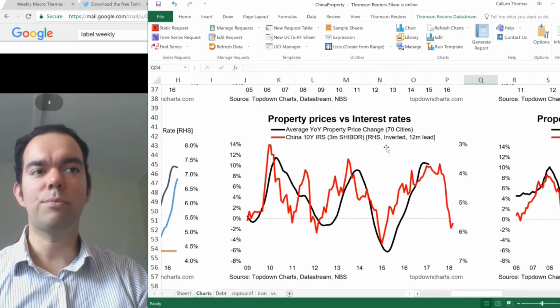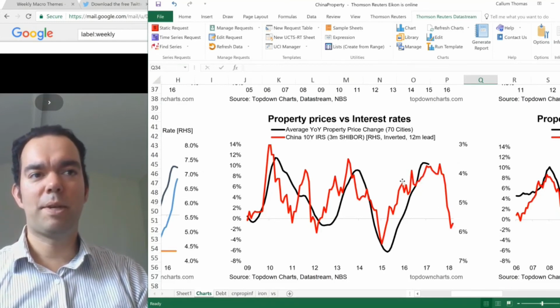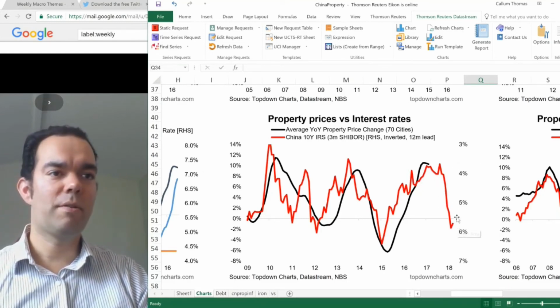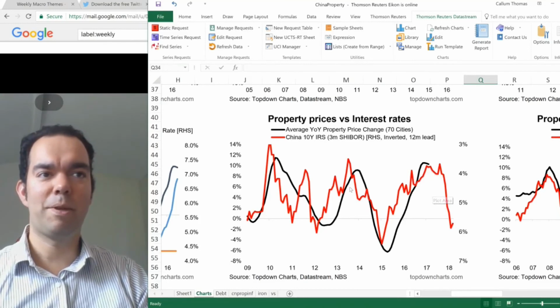And I think if this one does play out as it looks like it might, then this is going to be one of the key charts to watch over the next 12 months.